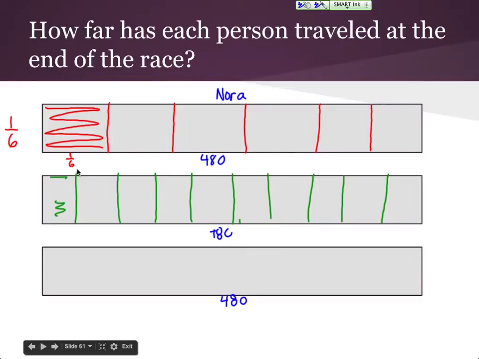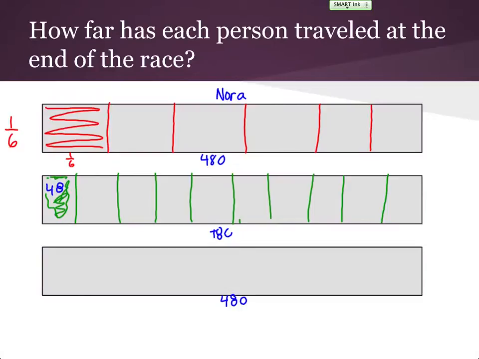And then who's number 4? Okay. So we can see that Stuart traveled 48 miles or 1/10 of the way. Now we're going to look at Margaret's.